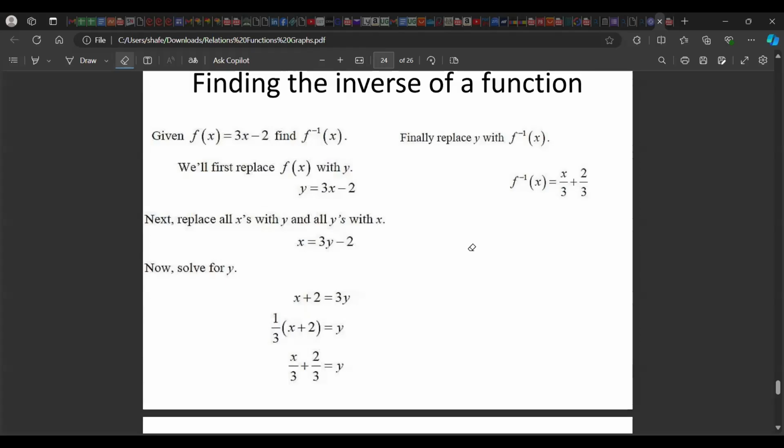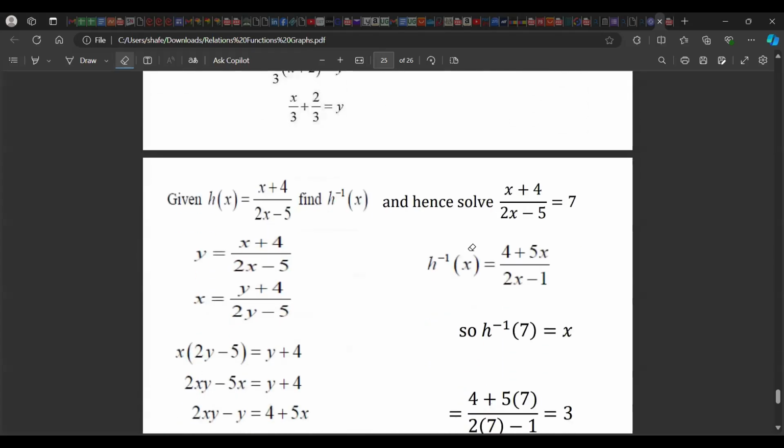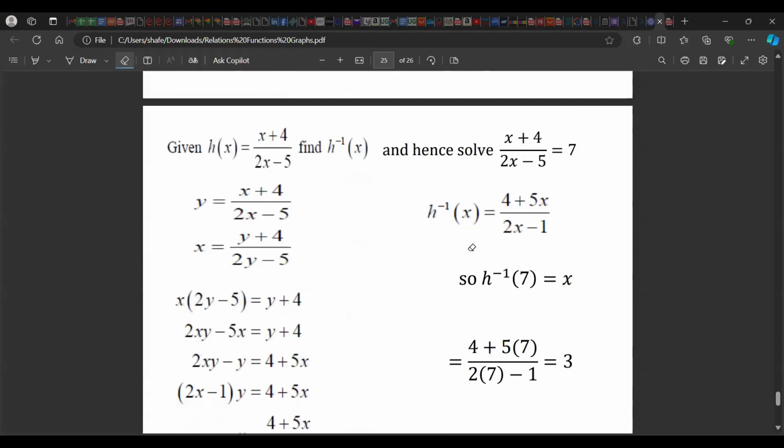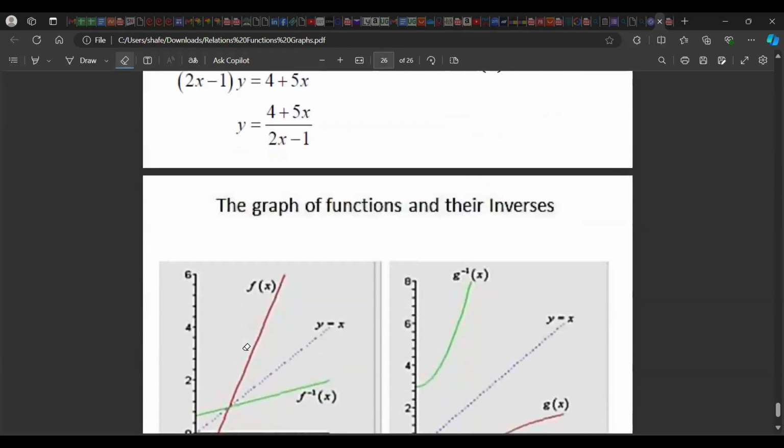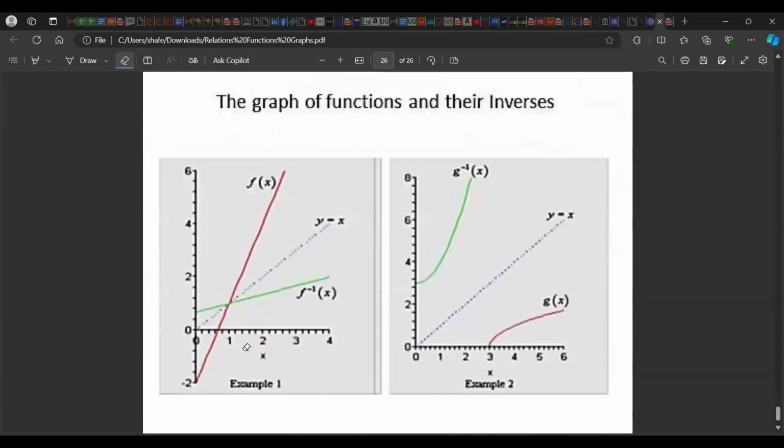Yes, sir. Good. This is a little application of the inverse. So they give you a function to find the inverse, and I think this is a difficult one. I think I should use a different one. Just keep this in mind.